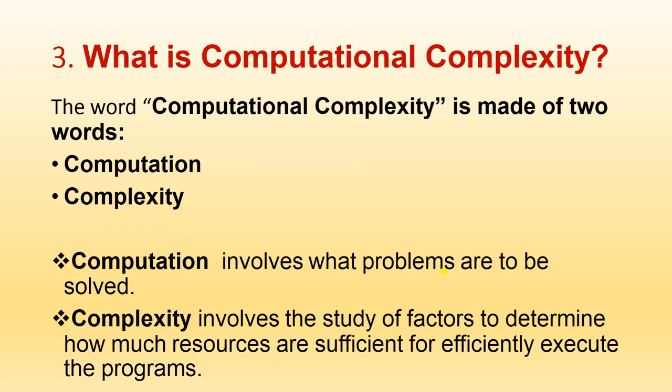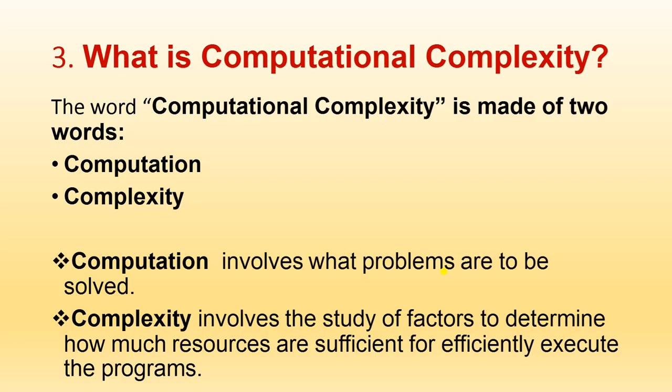Next is, what is computational complexity? This chapter is going to introduce how you can determine or measure the efficiency of an algorithm in terms of computational complexity. Computational complexity is made of two words, computation and complexity. The computation involves a problem to be solved and the algorithms to solve them.